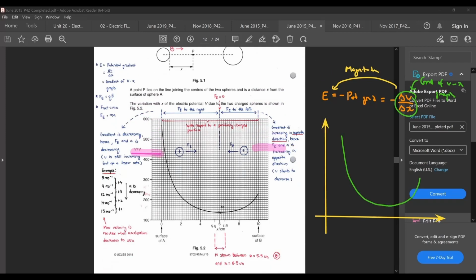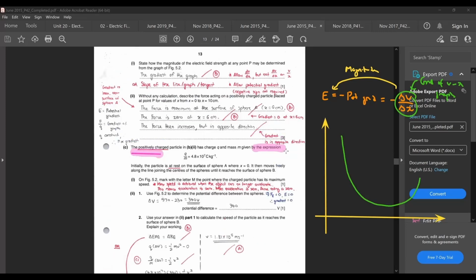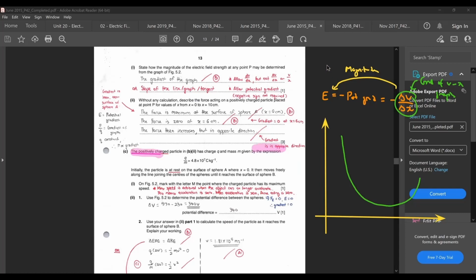Okay, so how are you going to describe the variation of the force with distance? There are a few things that you could probably do from here. Let's just say that I try to divide the graph into two separate sections like this, based on my minimum point here. The first thing you probably would look at is how the gradient varies for this first part here.